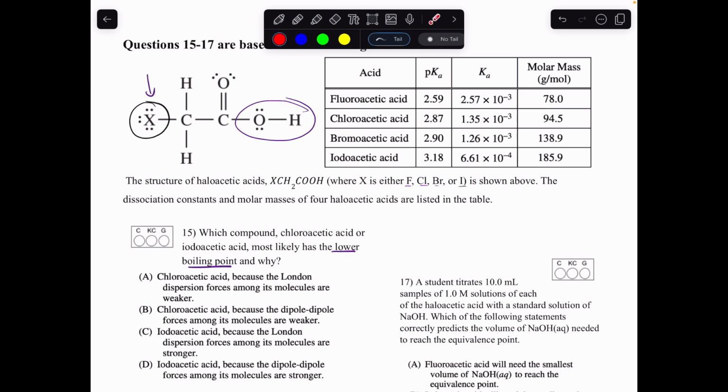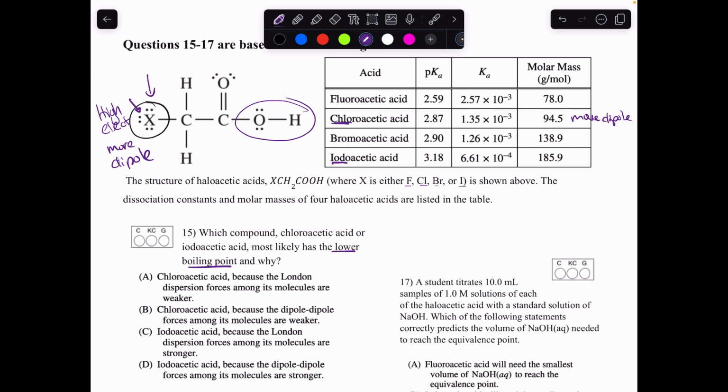So the higher the electronegativity of this one, since that's the only difference, the more dipole it's going to have. And so since I'm comparing chlorine to iodine, this one is going to have more dipole forces.